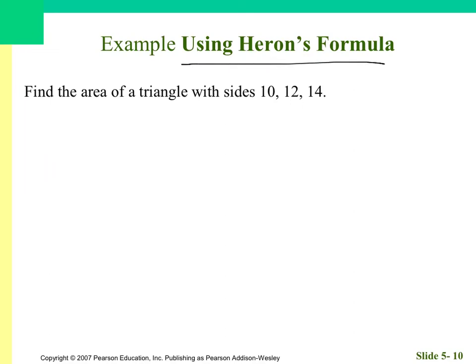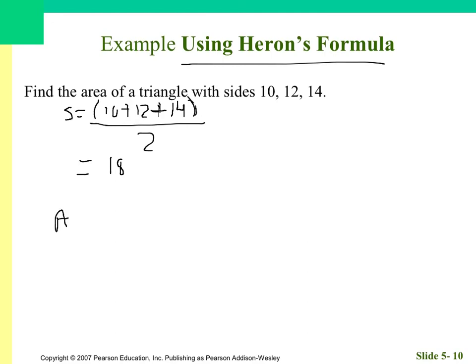So that means we've got to find the semi-perimeter, which is 10 plus 12 plus 14 divided by 2. So 10 plus 12 plus 14, that's 36, divided by 2 is 18.